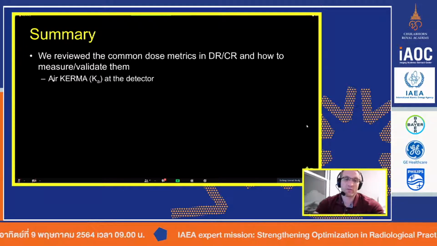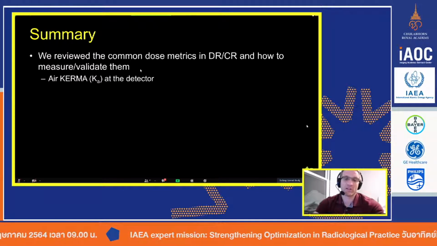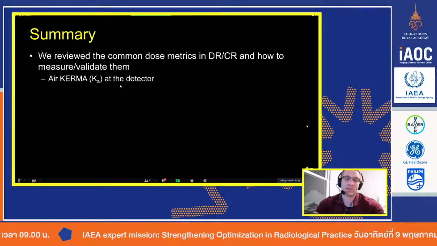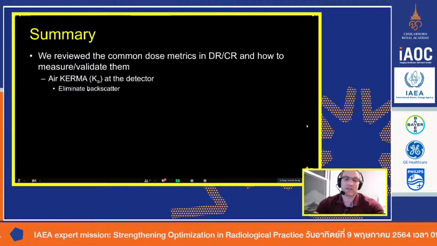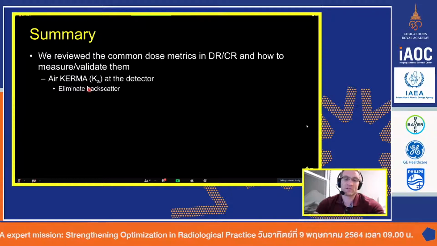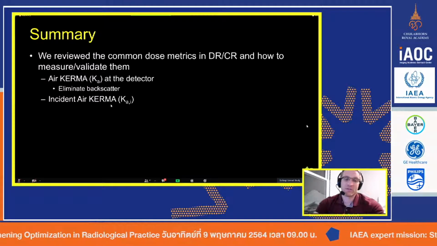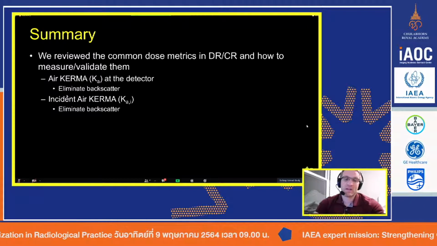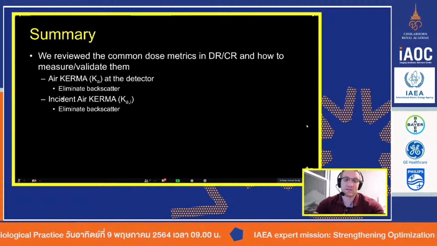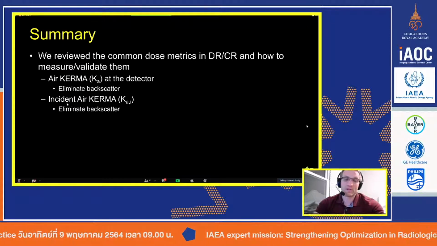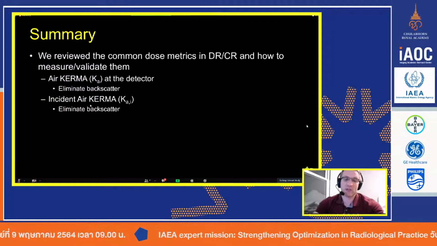So we reviewed air kerma at the detector, and we talked about how we absolutely need to eliminate backscatter from those measurements, so it's true and accurate. We talked about incident air kerma and how this is a measurement that does not include backscatter.